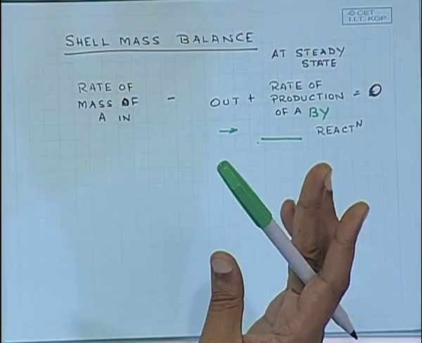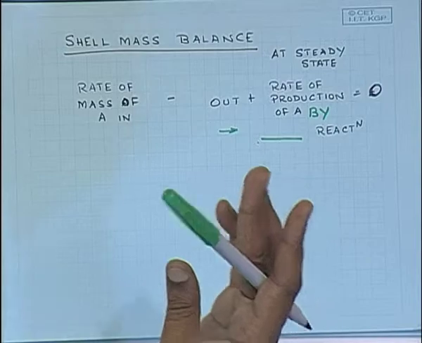If you think of some reaction which is taking place in this room, there are two ways this reaction can take place. Suppose we are referring to A as one of the species present in this room. A may get converted to B everywhere in the room, or on the walls of this room, when A approaches the walls.